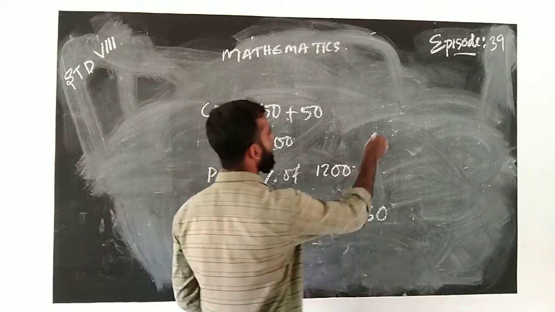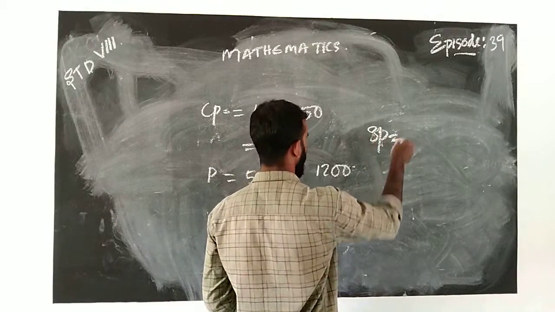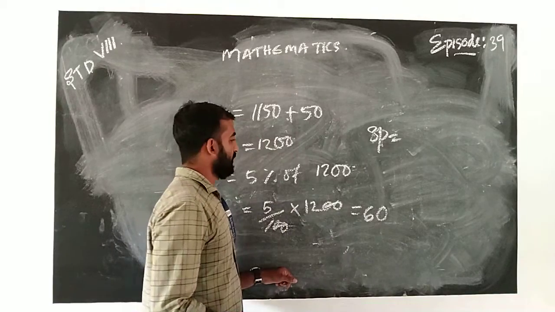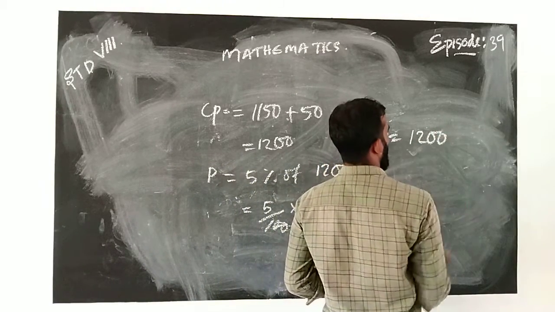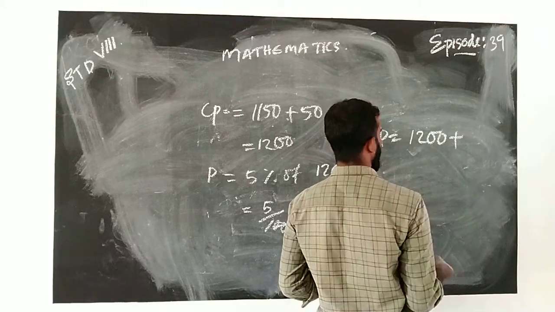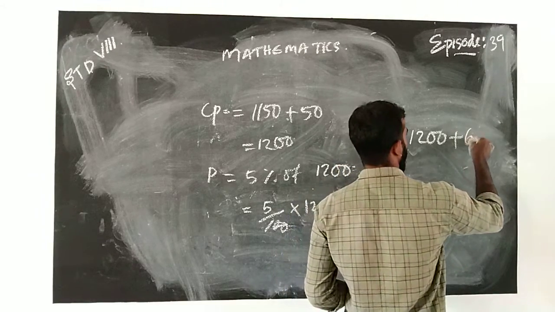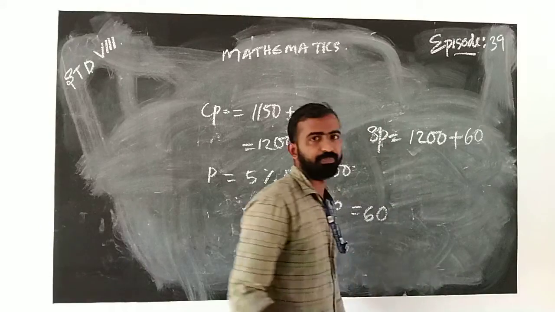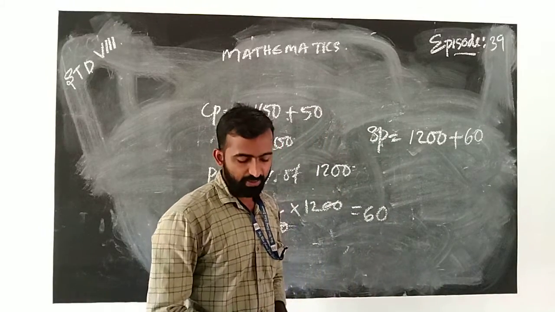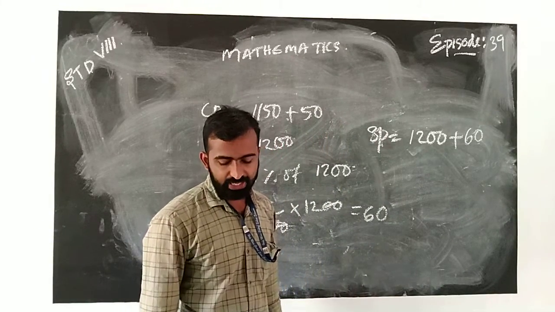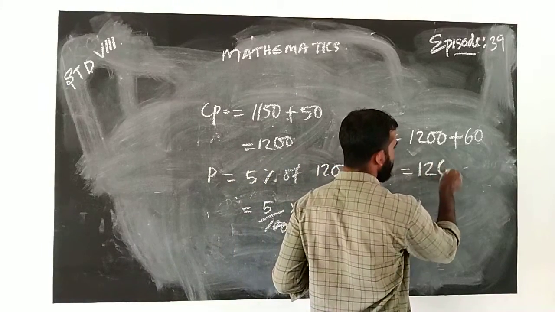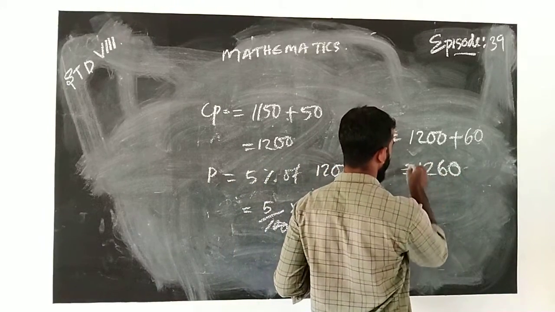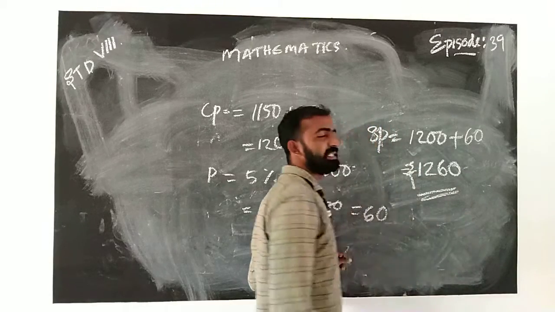That means the selling price equals 1,200 plus 60, and we get 1,260 rupees. That is the selling price.